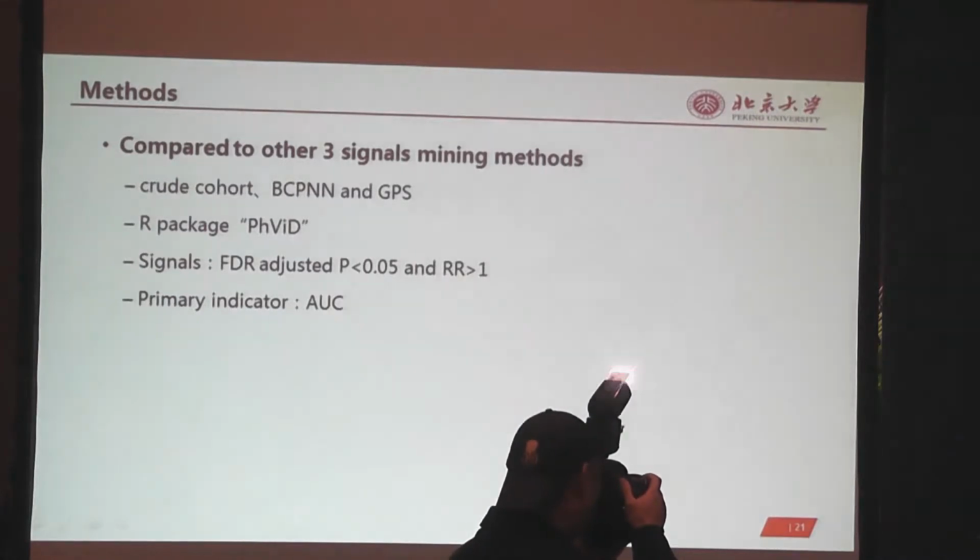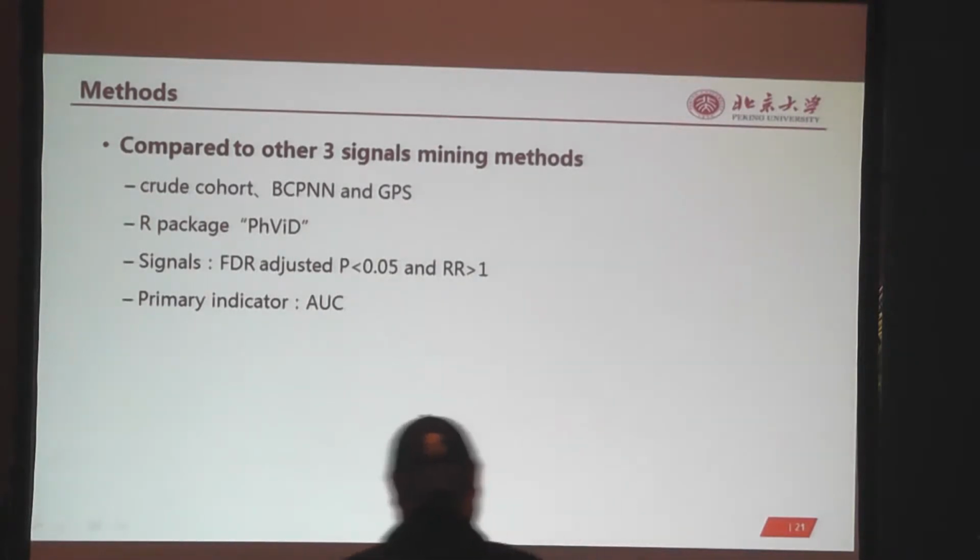Then we compare the tree scan to our 3 signal mining methods, including the CRU, COHO, BCPNN, and GPS. So there is our package called PHVID, which could perform these methods.